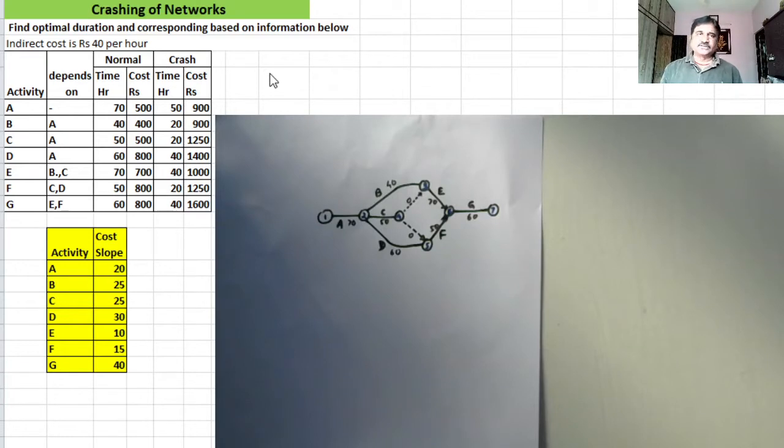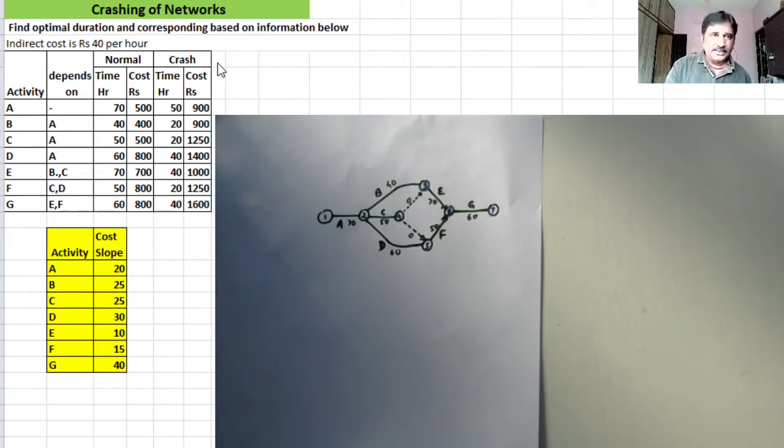Time is crashed means, if the activity is to be completed in lesser time, how much cost will be required? It is obvious that if you want to complete the activity in lesser time, then more resources will be required, and because of that, the cost for completing that activity in lesser time will be more.